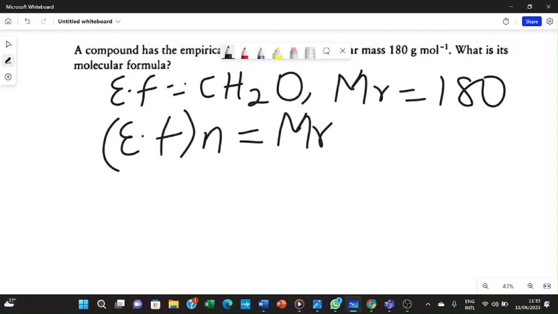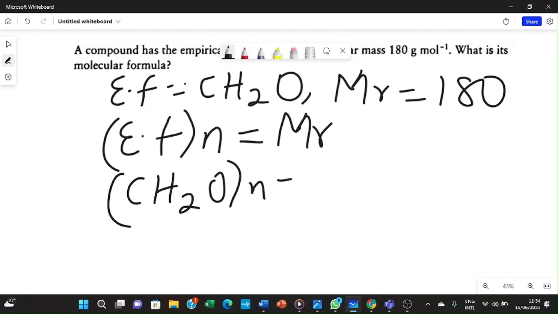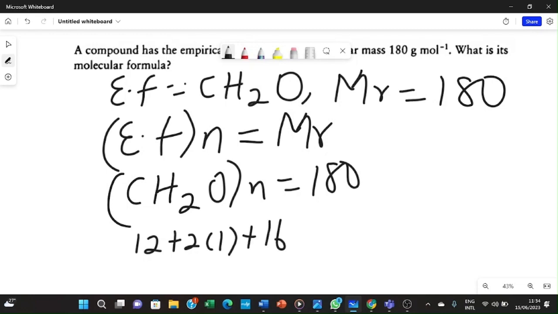So the empirical formula CH2O, bracket n, is equal to 180 as the molar mass. Let's calculate the empirical formula mass, which is 12 plus 2 times 1 plus 16, bracket n, is equal to 180.